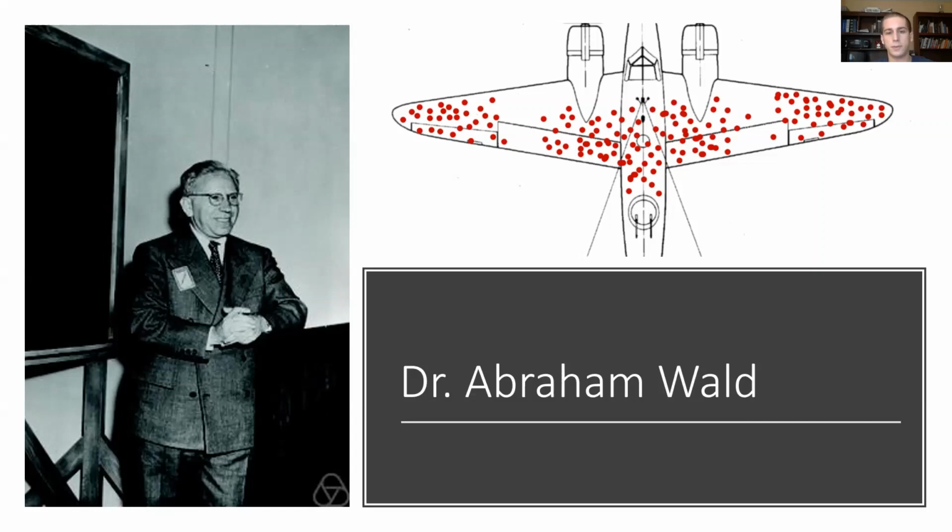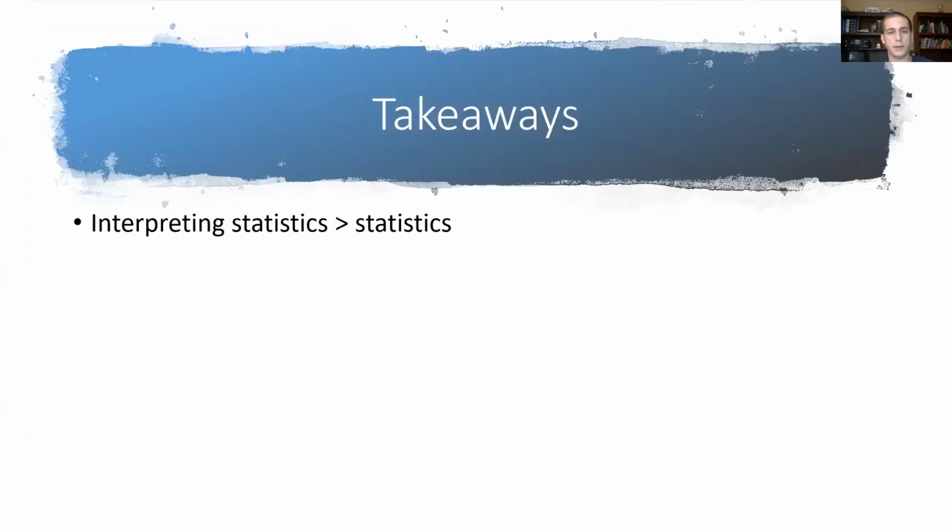So, with that in mind, what can we take away from this story? Well, first of all, statistics are definitely important. Without being able to look at the patterns of bullet holes on that plane, Dr. Wald wouldn't have been able to come to any conclusions.